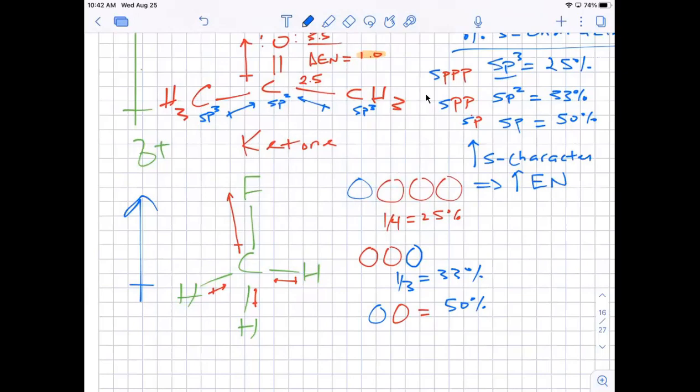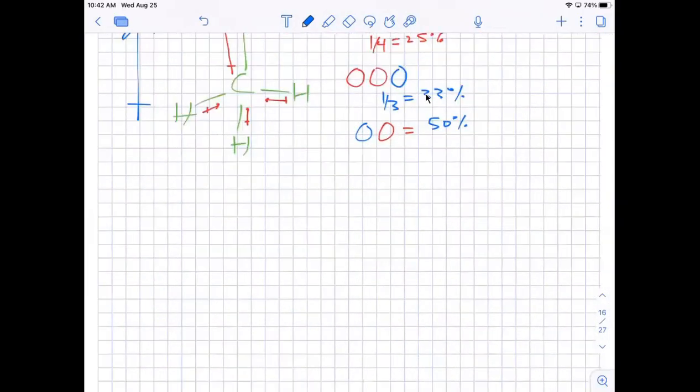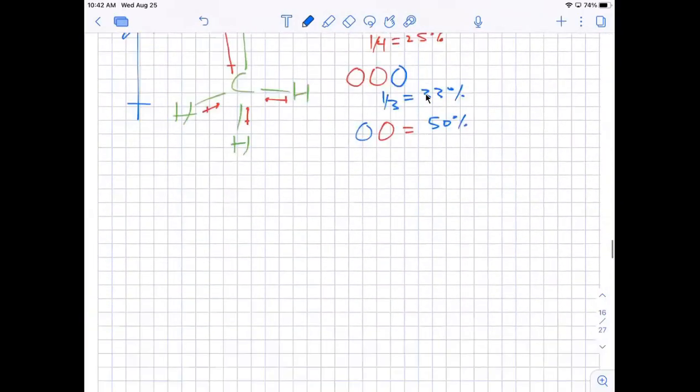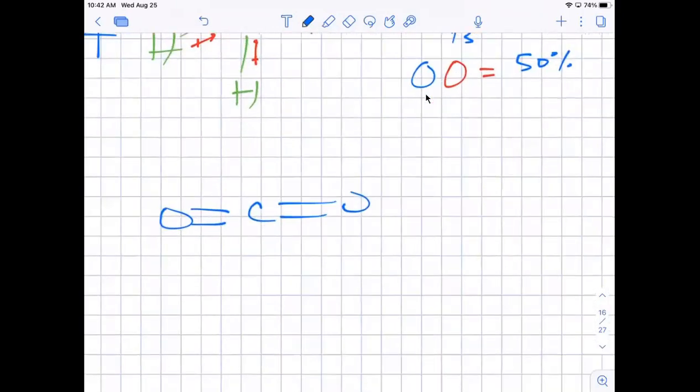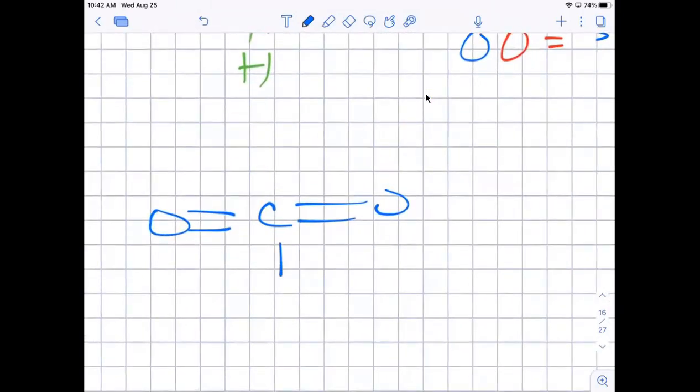All right, let's do another one because there are also some cases where a dipole is not possible. I'm going to give you two examples of that. One is carbon monoxide. What we know about carbon monoxide is that this carbon is sp2, so it's going to be linear. I'm not saying anything about the hybridization state in reference to its electronegativity, but just the fact that it's linear, right?